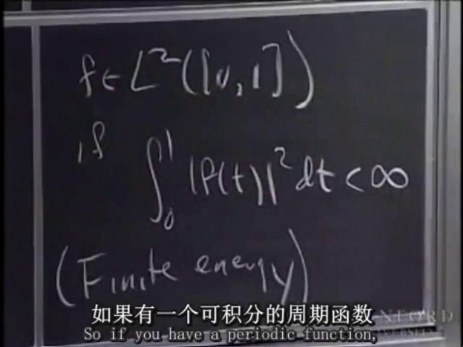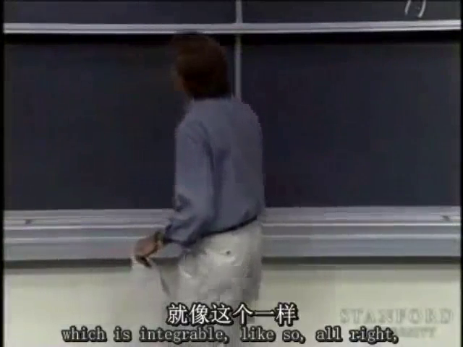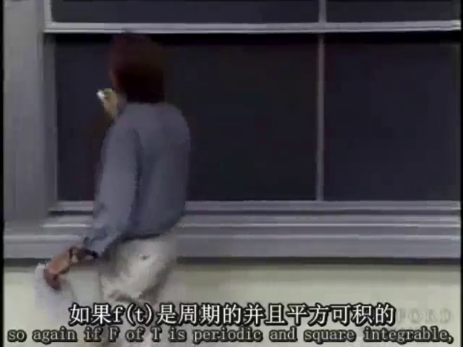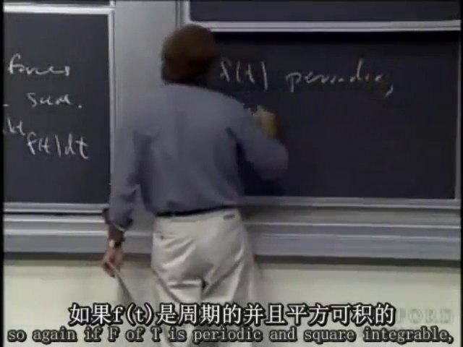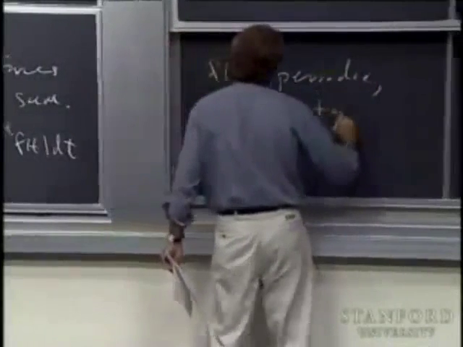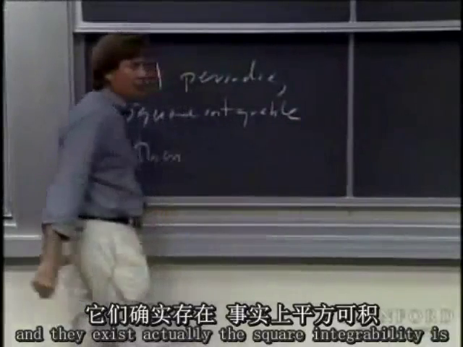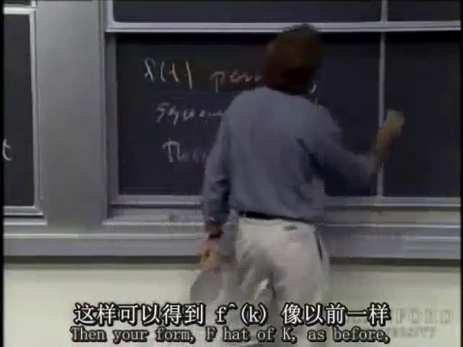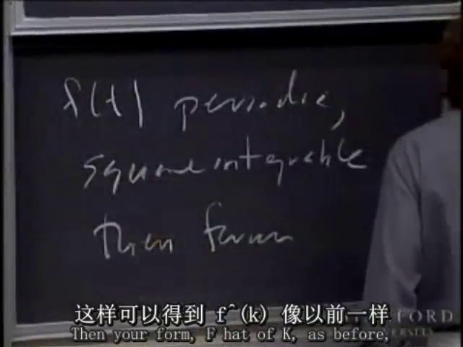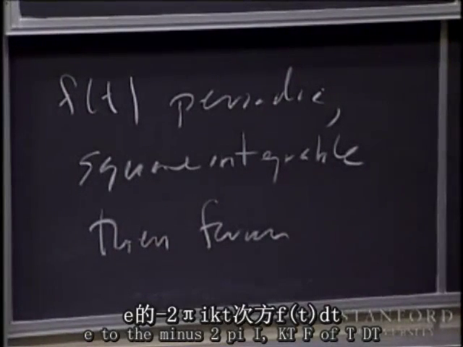So if you have a periodic function which is square integrable, then you form the Fourier coefficients, and they exist. Square integrability is enough to imply that the Fourier coefficients exist. Then you form f hat of k as before, the integral of e to the minus 2 pi i kt f of t dt.